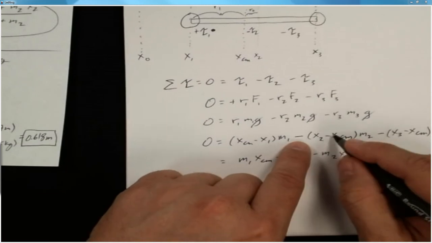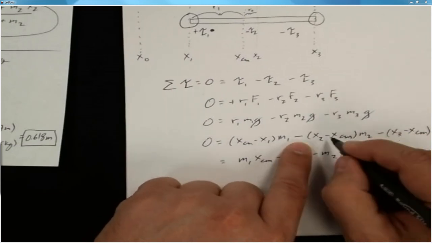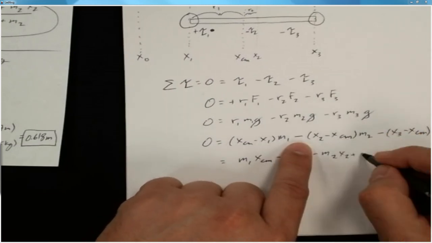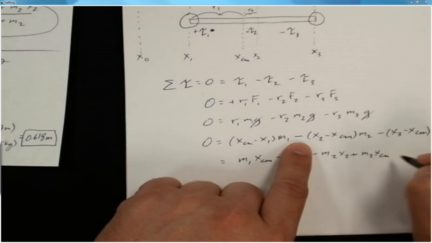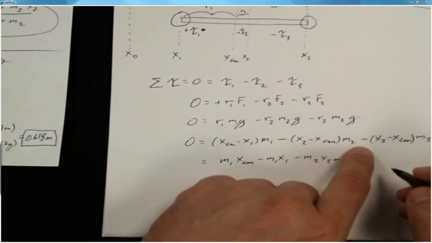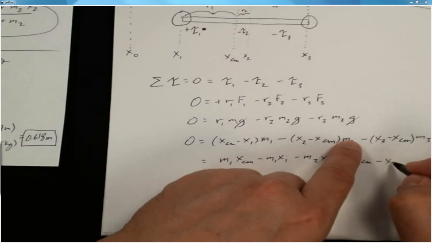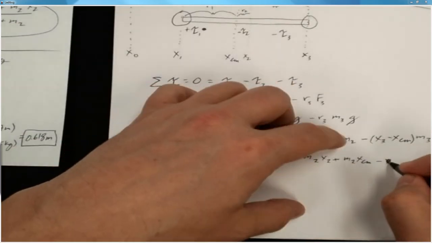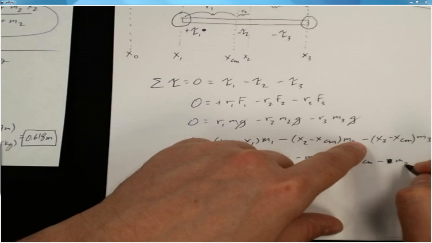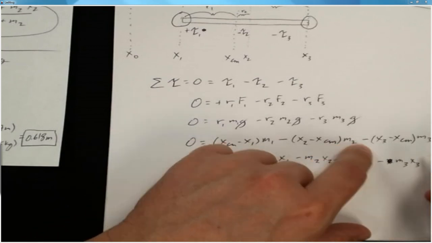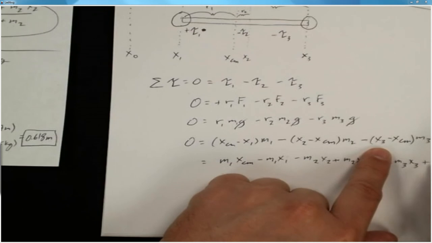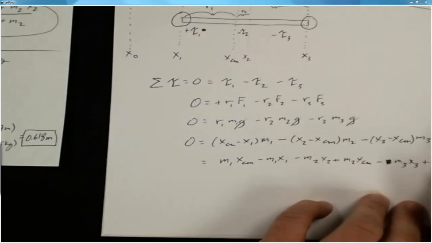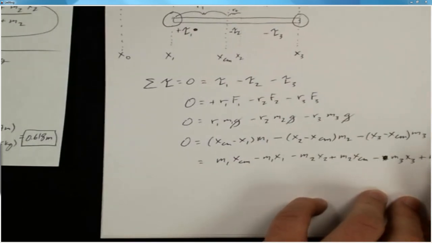Now this minus gets distributed in, so it becomes plus m2 x sub Cm. Minus m3 x sub 3. Now the minus gets distributed and the m gets distributed, so plus m3 x sub Cm.